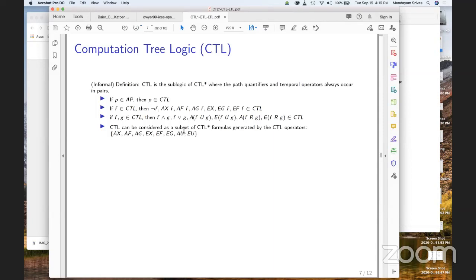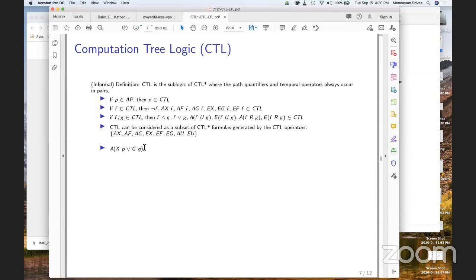So in other words, CTL can be considered as a subset of CTL star formulas generated by these special CTL operators. AX, AF, and the like restrict you to apply them jointly in pairs, so you can consider these as special operators of CTL. They have the same semantics as in CTL star.